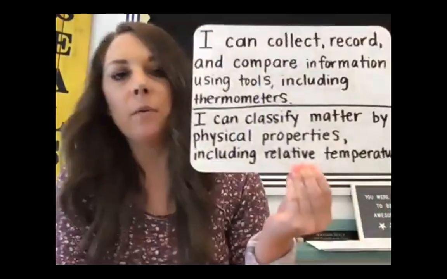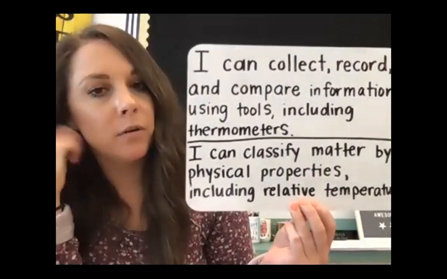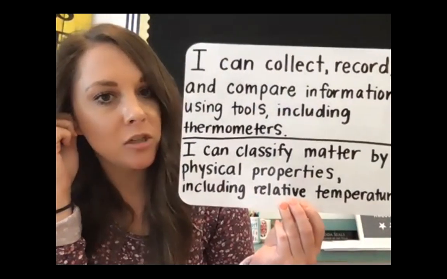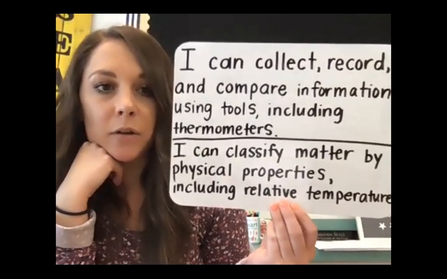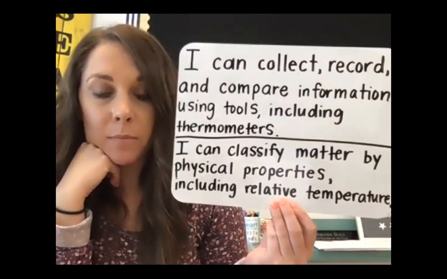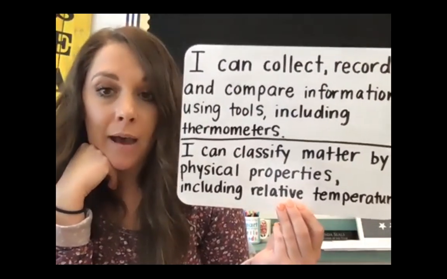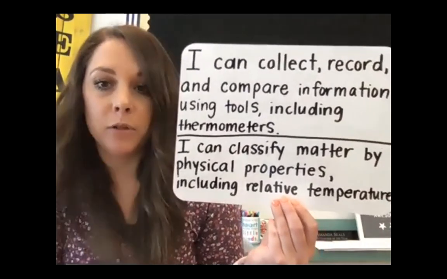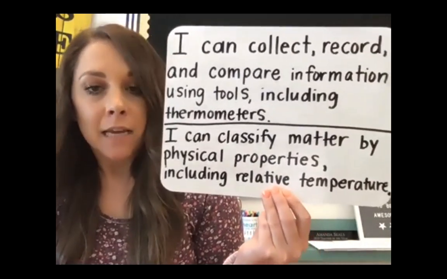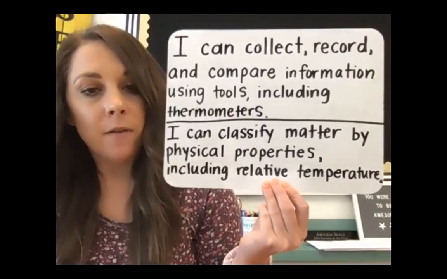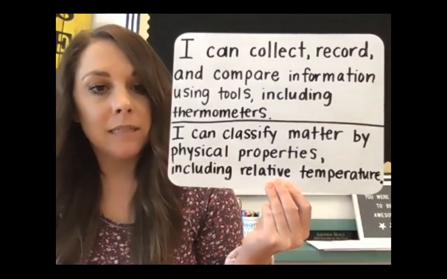Okay, so you have two targets today. One says I can collect, record, and compare information using tools, including thermometers. So I'm going to be showing you how we use thermometers to measure temperature. And then your second target says, I can classify matter by physical properties, including relative temperature.